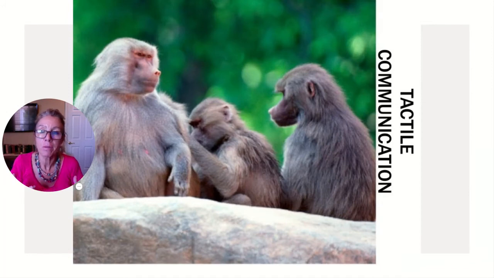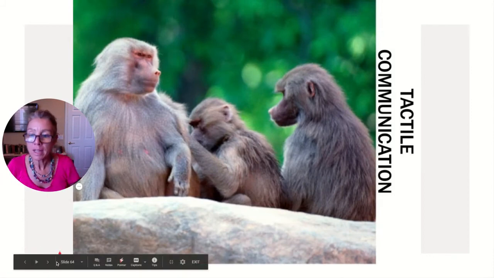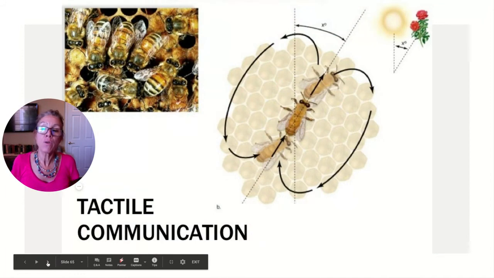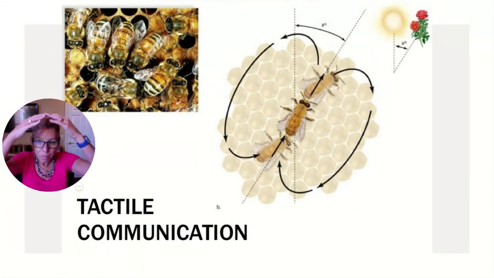That is tactile communication. You see it right here when they're grooming each other, right? So this is information that is passed from one animal to another by touch. Okay, so there's touching that's going on, like grooming, etc.